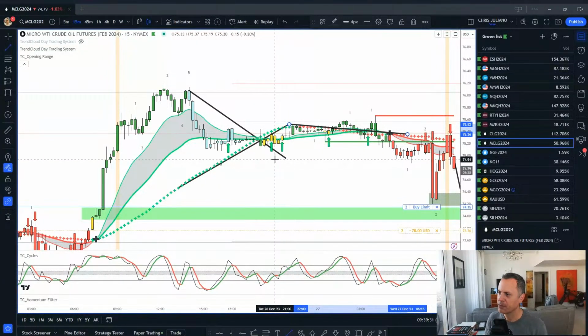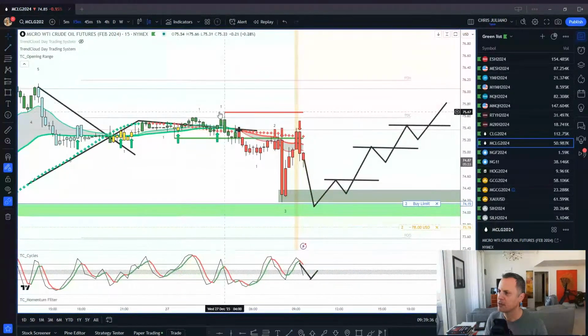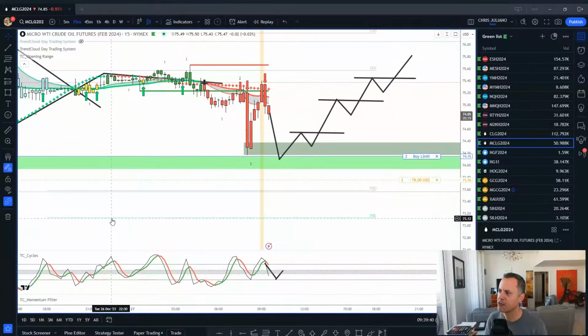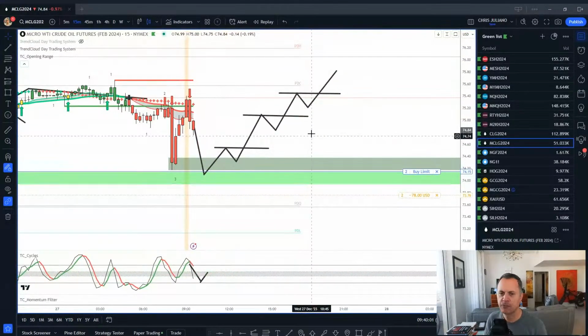And you can see the number 1, 1, 1, 1, 1 going sideways, recalculated, and now it's starting the count again. 1, 1, 1, 1, 1, 1. That means sideways movement. 1, 2, move to the downside. So we might get one more push down to retest this area, and then a nice move up like this. That's the scenario we're looking for on micro crude.